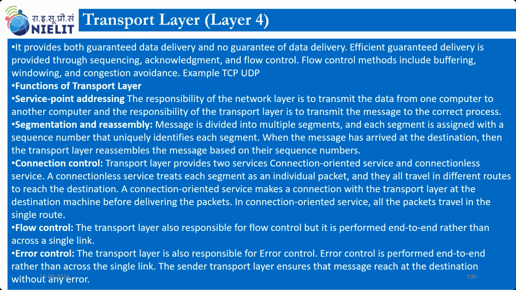There are two protocols on the transport layer: TCP and UDP. TCP provides guaranteed delivery of data and UDP provides no guarantee of data delivery. But UDP is faster, TCP is slower.